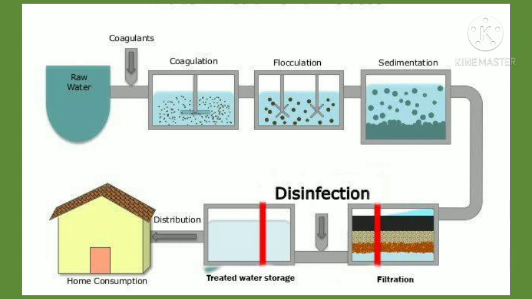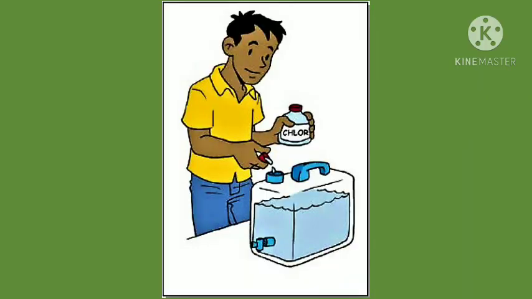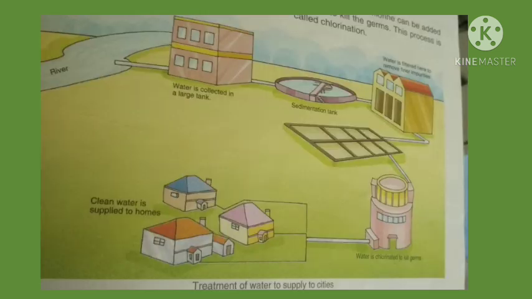வீட்டு யூஸுக்கே வந்துடும். Instead of chlorine gas, we can use chlorine tablets also. This we call chlorination. So after filtration, the top layer clear water is sent to the next stage, chlorination. What happens in chlorination? Chlorine gas is added to the water to kill the germs.